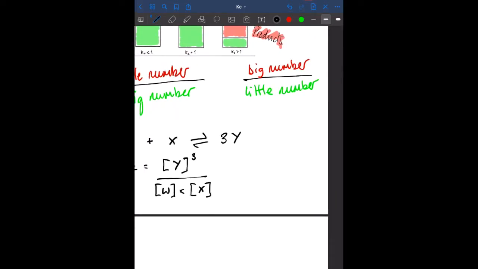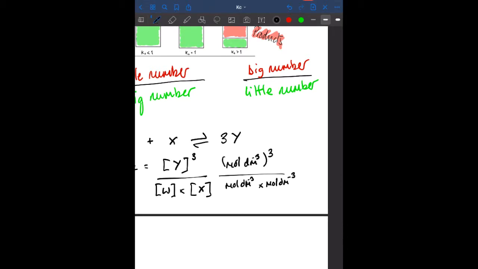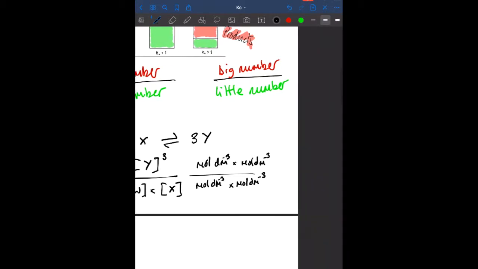So we have got moles per decimeter cubed to the power of 3 divided by moles per decimeter cubed times by moles per decimeter cubed. Now what I'm going to do is rub out the brackets. So we've got to the power of 3, so we've got moles per decimeter cubed times by moles per dm cubed. Ooh, I might run out of space here.